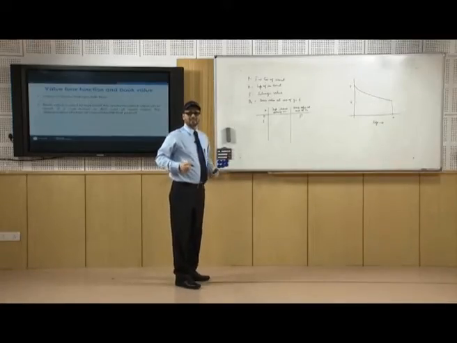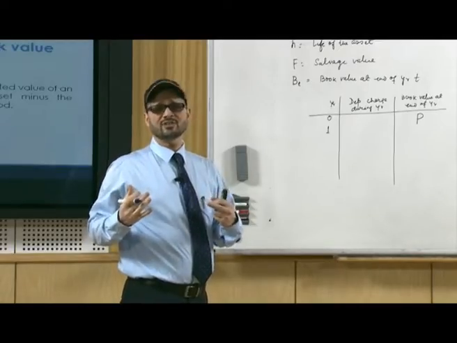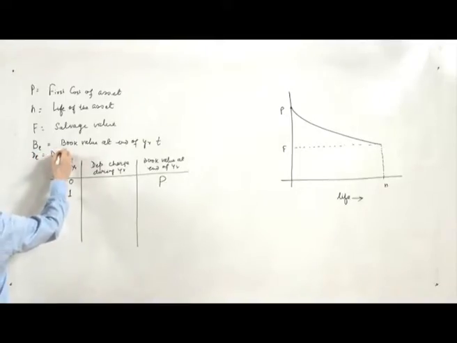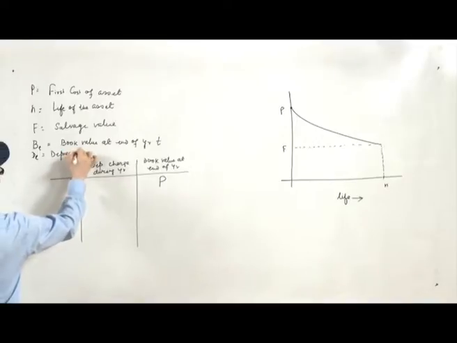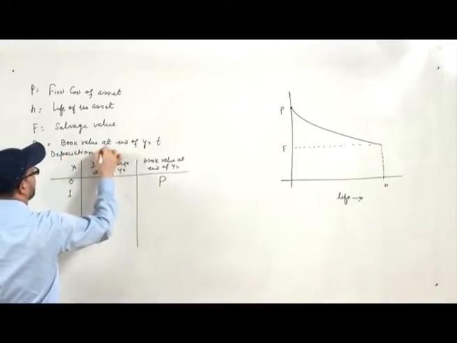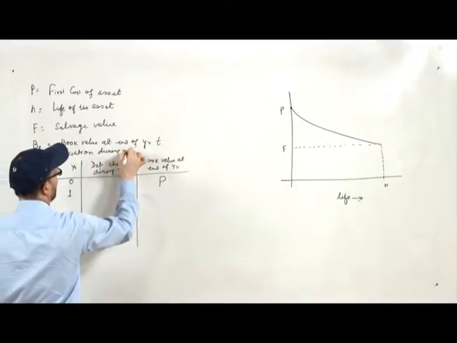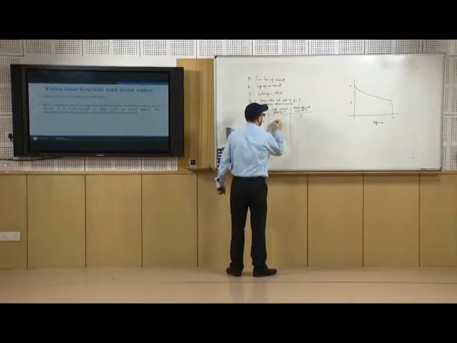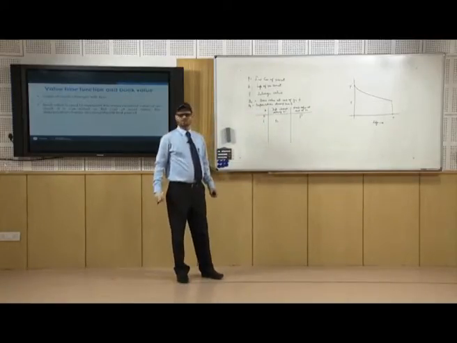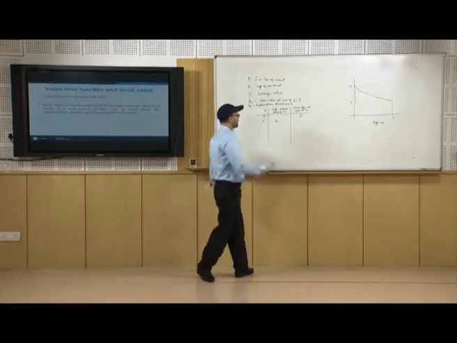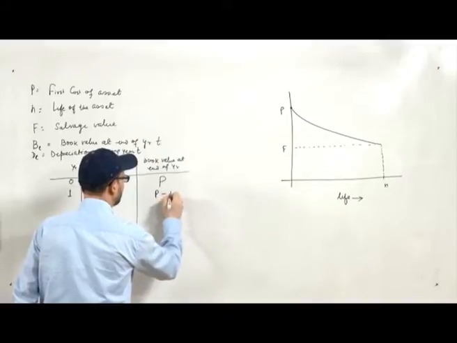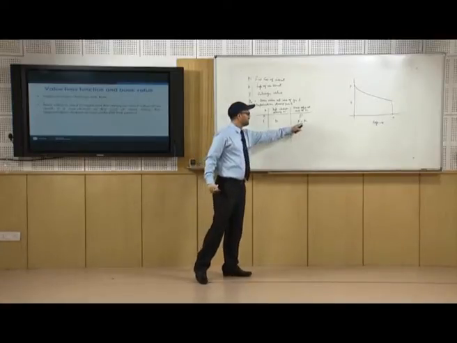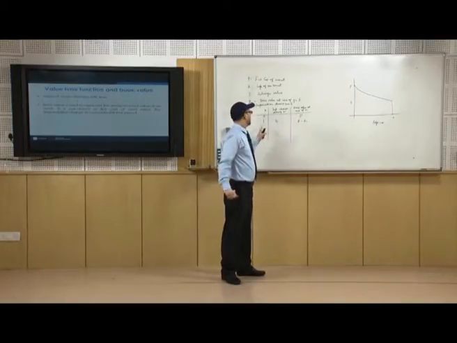We can assume that the depreciation during any year is dt, that is, depreciation during year t. In the first year you have depreciation d1. Once you have depreciation d1 during the first year, the value becomes P minus d1. This P minus d1 is the book value at the end of year 1.